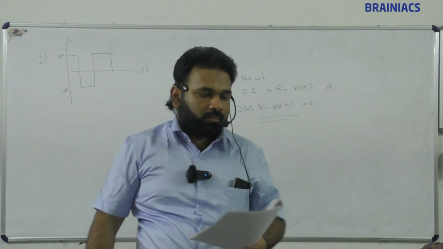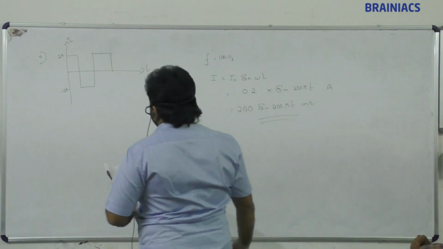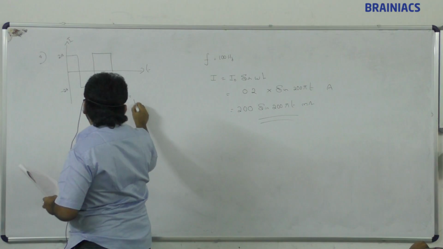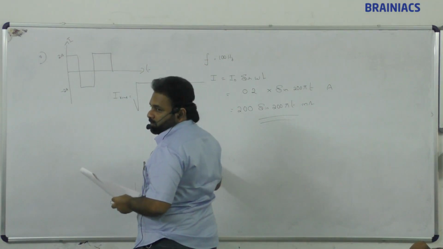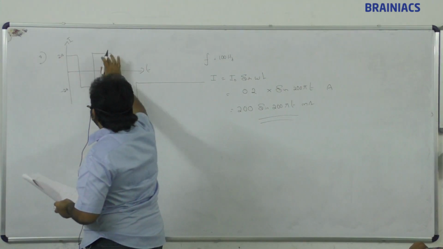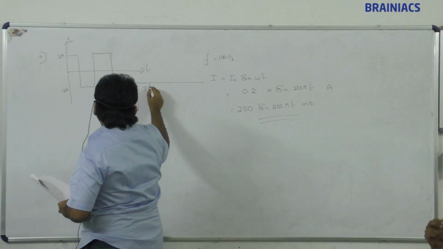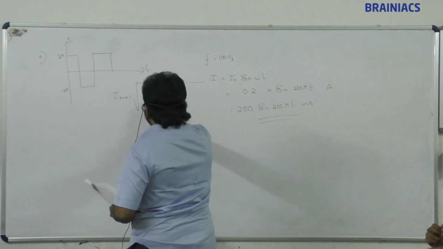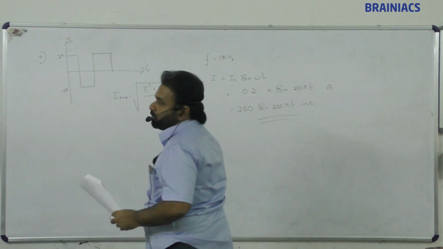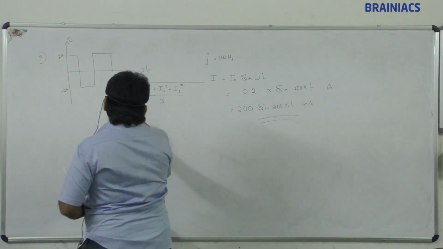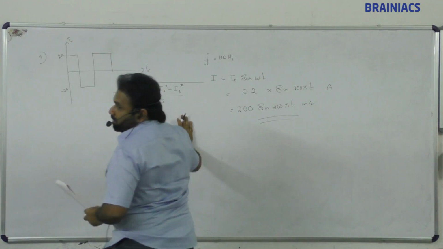Here, IRMS is the root of the square of the average. So I1 square plus I2 square plus I3 square, the average of this is I1 square plus I2 square plus I3 square divided by 3, because this is a constant value.